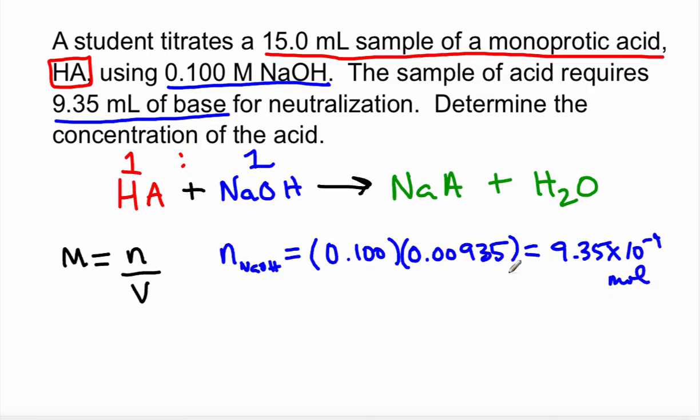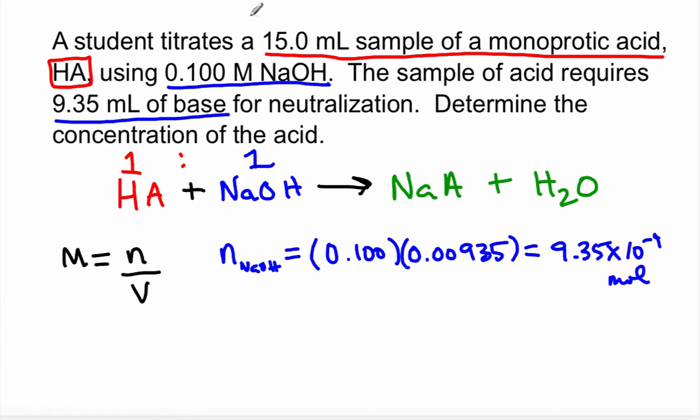So once we've gotten it this far, we can take advantage of the mole ratio. And since it's a 1-to-1 mole ratio, we're going to have the exact same amount of acid as reacted with base. Okay, so if we had 9.35 times 10 to the negative fourth moles of base, that means that there had to have been 9.35 times 10 to the negative fourth moles of acid. And you could set that up using a 1-to-1 mole ratio if you wanted to. Since I see the ratio as 1-to-1, I'm not going to take the time to write that.